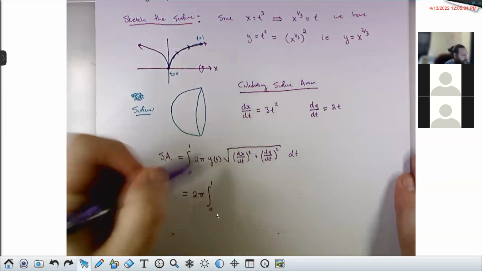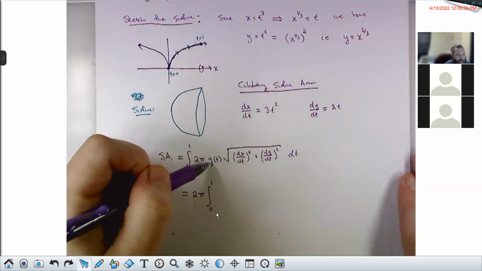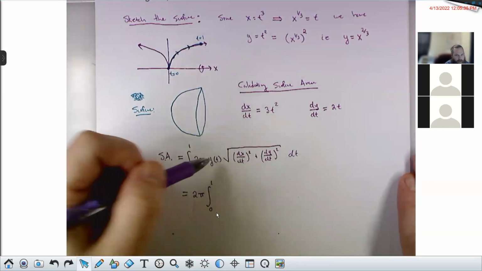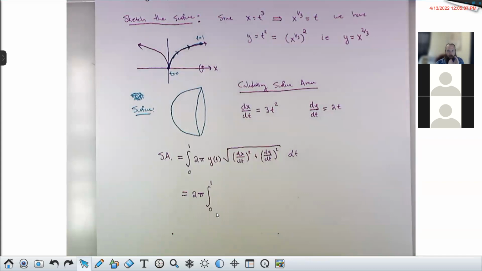The reason I like to write y of t instead of just y is to make sure you understand that this is not a constant. The x and the y in those surface area formulas never pop out of the integral. They are not constants. They are functions of t, and the integral is done dt. So this piece cannot come out of the integral. y here is just t squared.